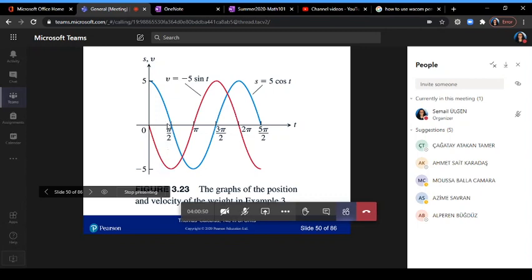When it's at rest, the velocity is in the opposite direction with 5, and at time t equal to pi, the velocity is going to be 0, it's going to stop, and then the velocity is going to increase, and then slow down, and it's going to be 0 at rest. Okay, so it's going to be like that.